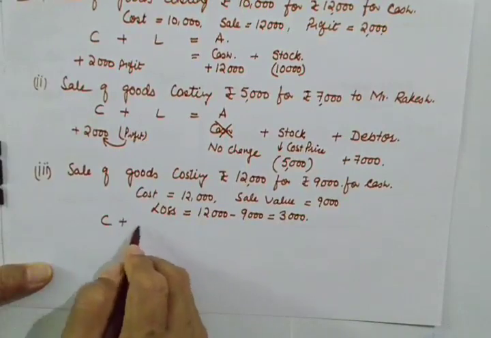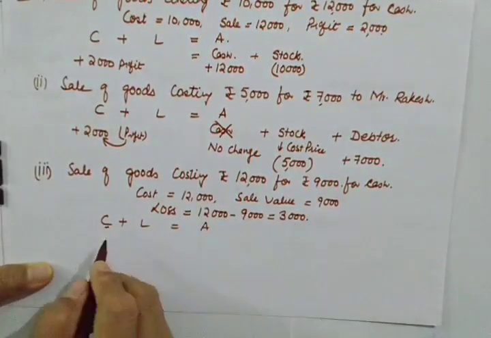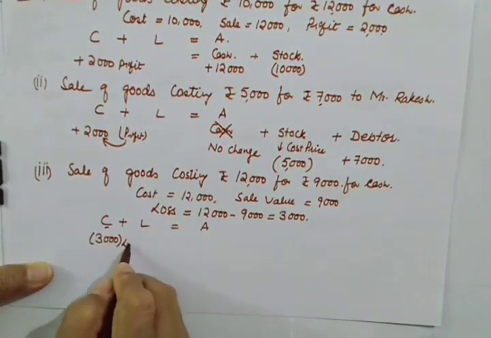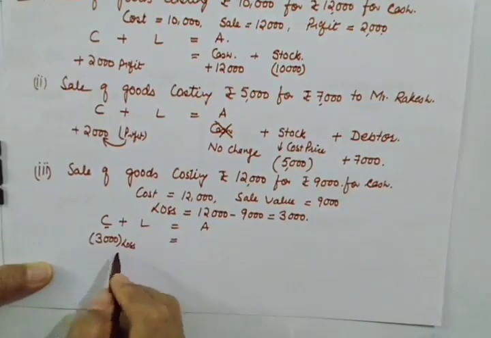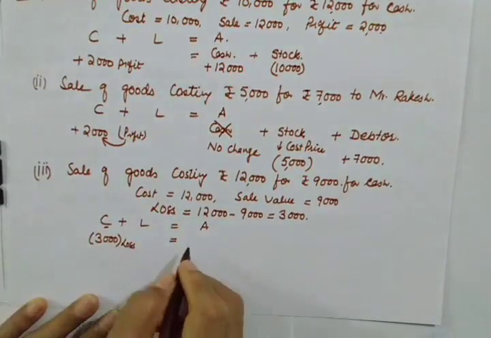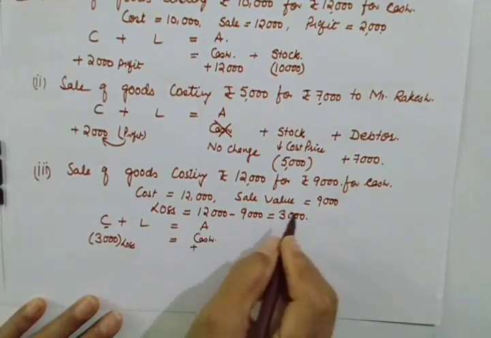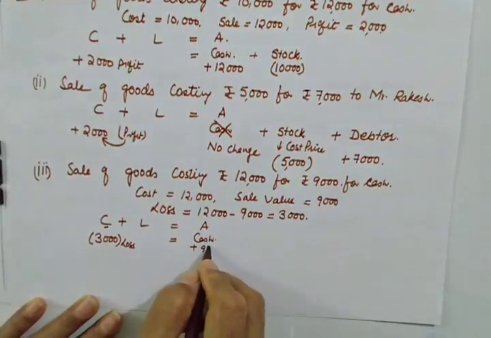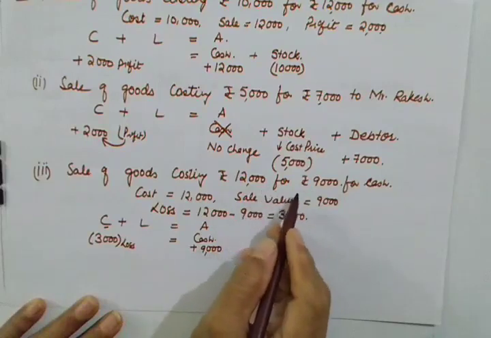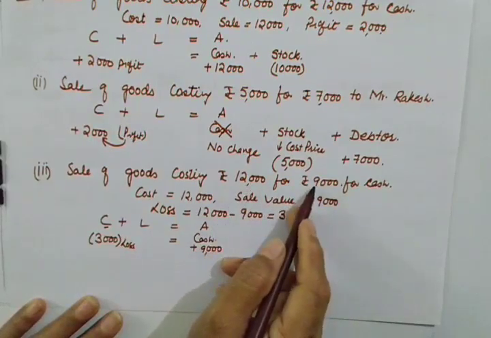So C plus L is equal to A. From capital you will be deducting a loss of 3,000. So we'll put bracket because it's a loss. It is better if you mention loss here. And to cash you will be adding 9,000. Be very careful, because sometimes students commit mistakes because they have this impression that cost price is always less than sale price.